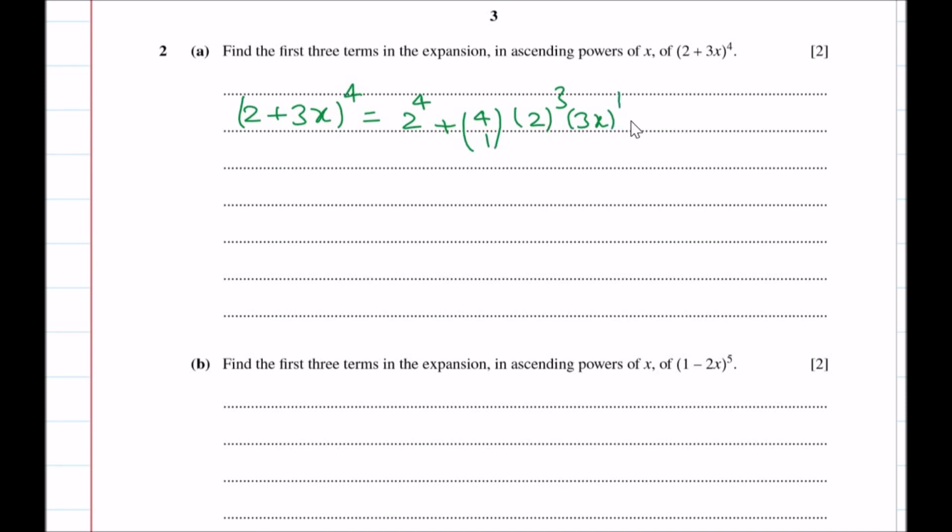Okay. Next, plus 4C2 into, now we'll write again 2. The power will be, there was 3 in the previous term, so 3 minus 1, that is 2. And this will be increasing, so now 1 becomes 1 plus 1, 2.